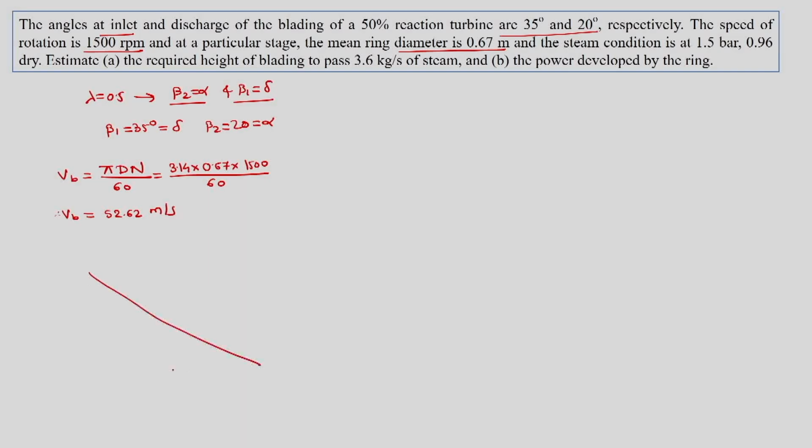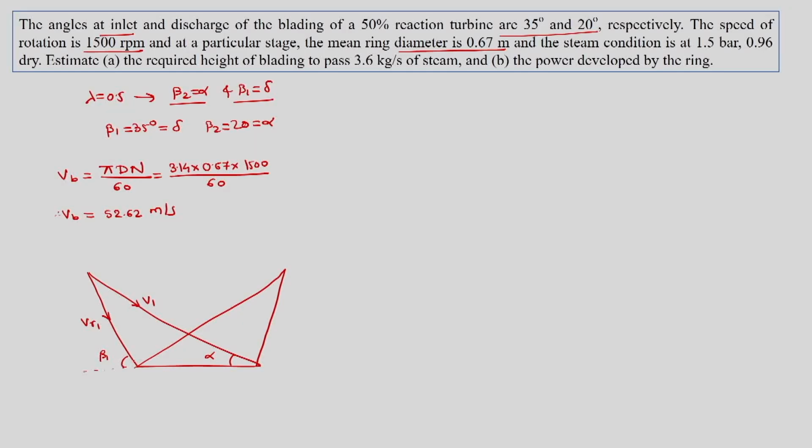Now for this example to solve, we can make use of the triangle law or sine law for the triangle, where we are having this as V1, this is VR1, and this is alpha, and then this is beta 1.